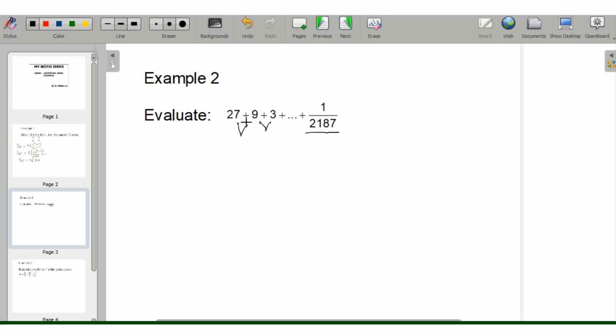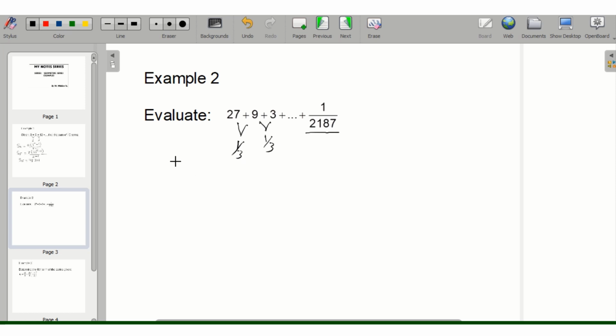So if you say 9 divided by 27, you are going to get 1 over 3. 3 divided by 9 is 1 over 3. So now we are sure we are dealing with a geometric series.